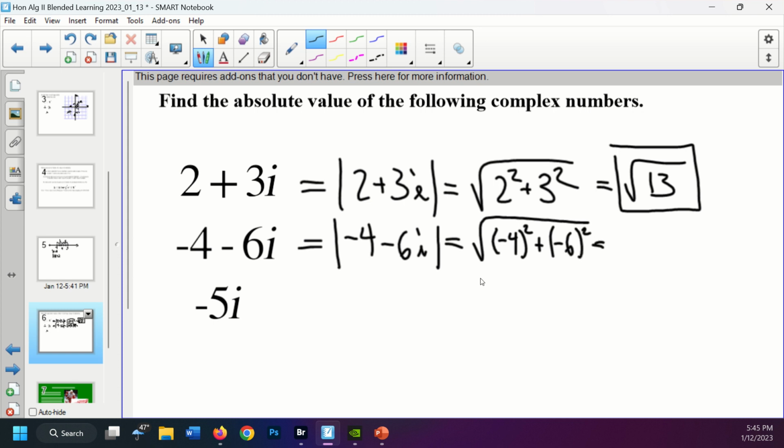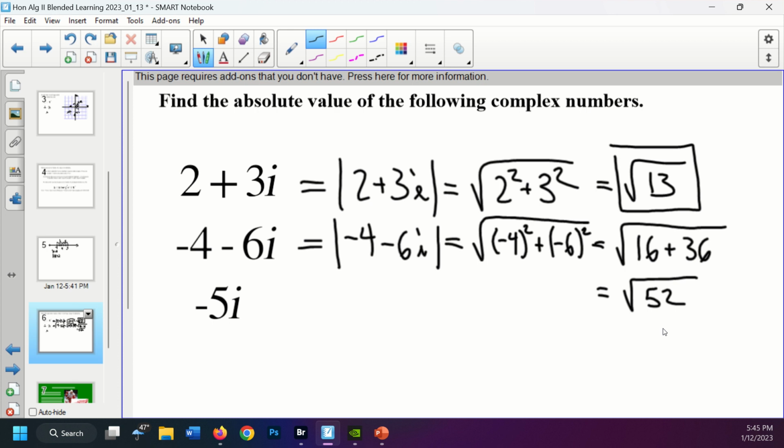So negative 4 squared will be 16, and negative 6 squared will be 36. So 16 and 36, that'll be the square root of 52.